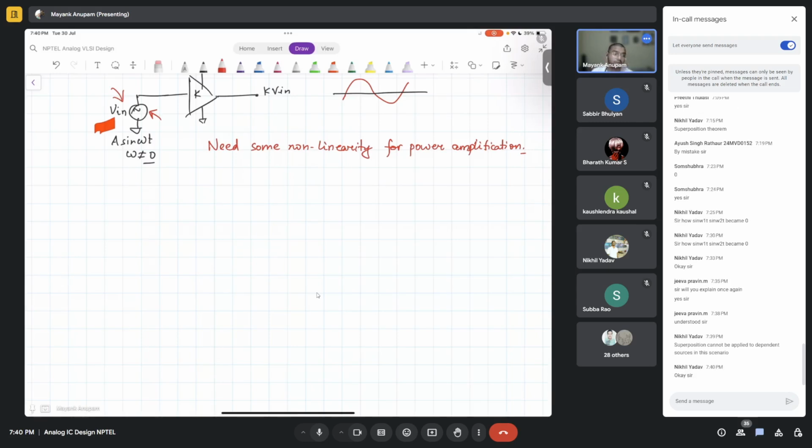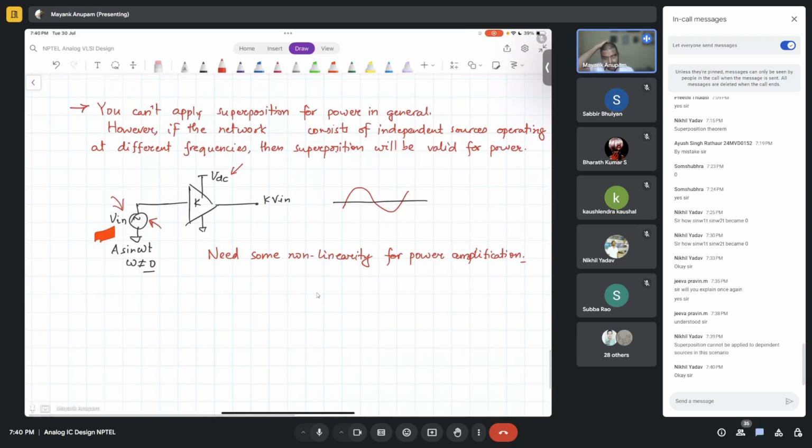So I was saying that for any kind of power amplification in the signal, you just want the DC or supply power to manifest itself at the signal frequency, which means you want some kind of frequency translation.